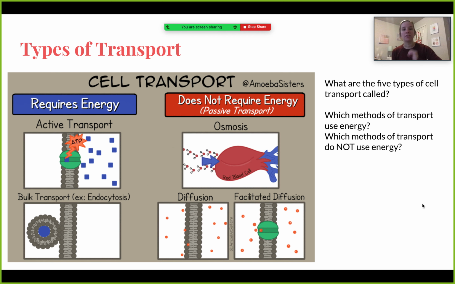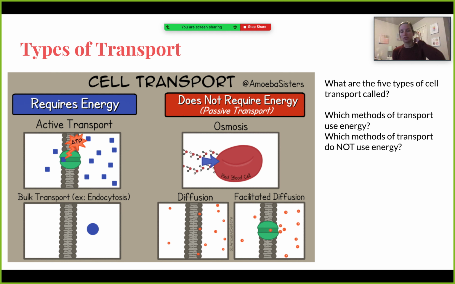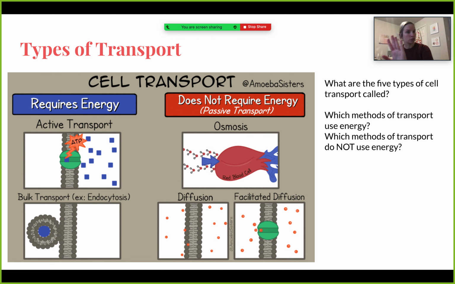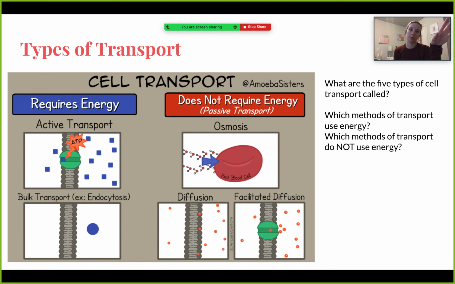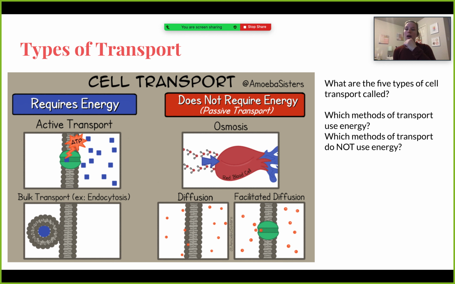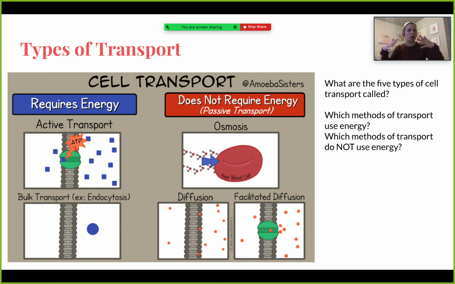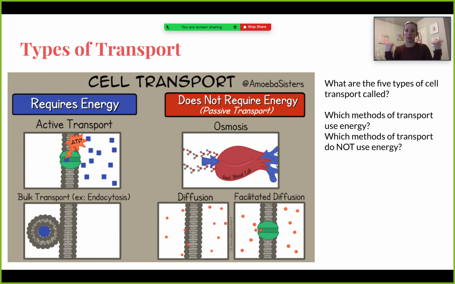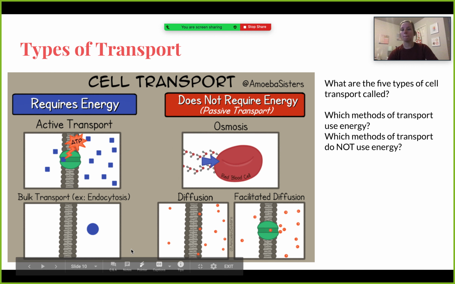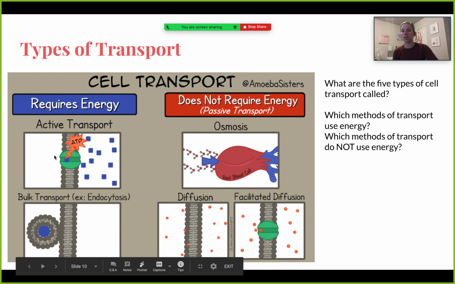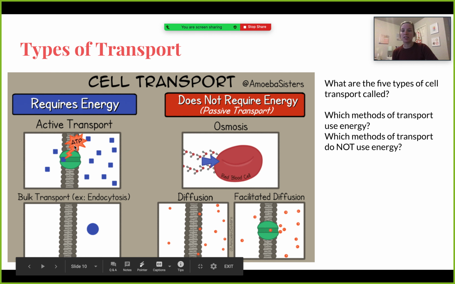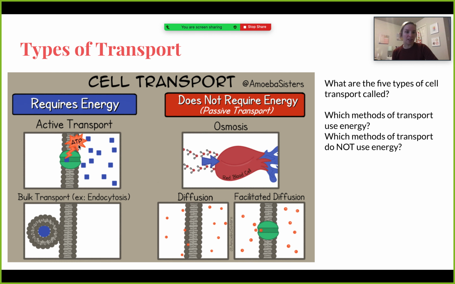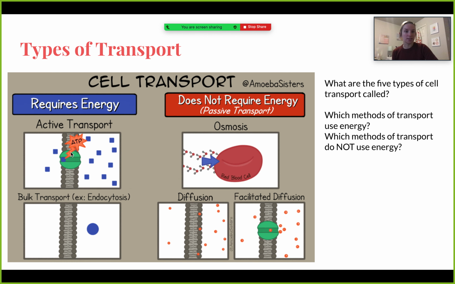Okay, so there's 5 different types of cell transport. There's types of cell transport that require energy and types that do not require energy. And again, when I say cell transport, I mean things coming into the cell or things leaving the cell. So this one right here is going to be active transport, and we can see that energy is required in the form of ATP. Remember, ATP is the cell's energy currency.